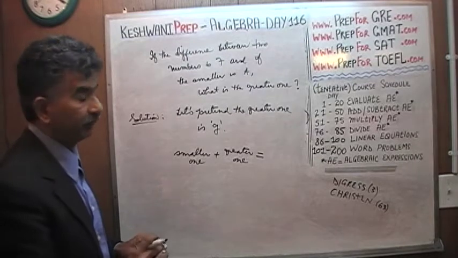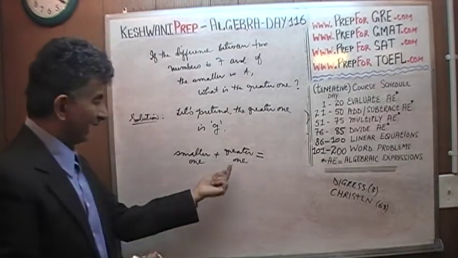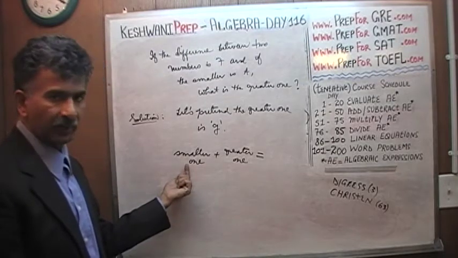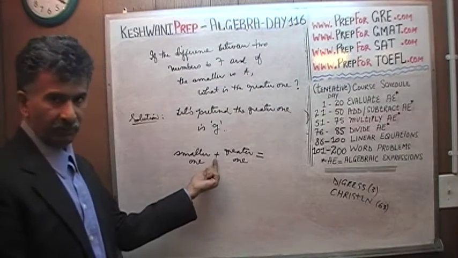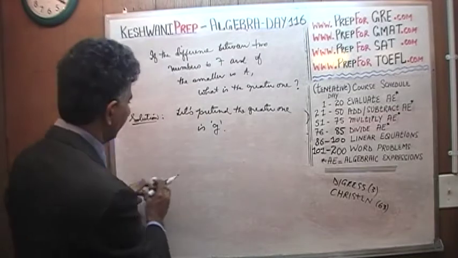I was not paying attention. We are told that the difference between the two is 7. Had I written the greater one first, all I had to do is change this positive sign into a negative sign, but I did not. So the difference is 7.